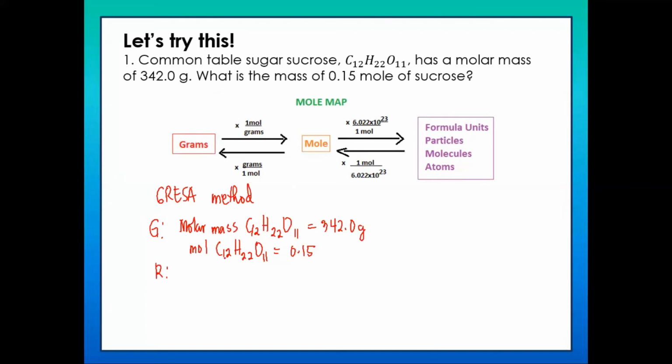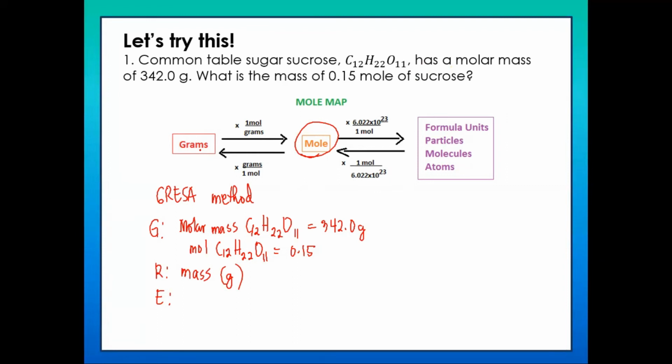Kasi what is the mass of this mole of sucrose? So small letter m, or mass, that refers to mass in grams. And for our equation, we're going to use this mole map para alam natin yung dimensional analysis for us to compute it properly. So our given is mole, and that will lead us to finding the value of grams.